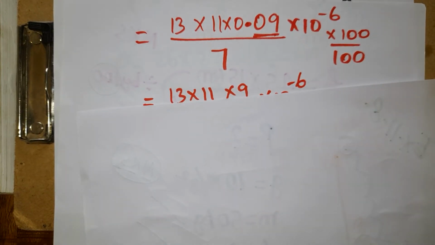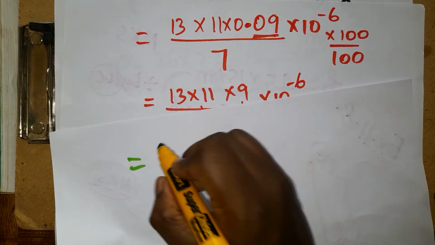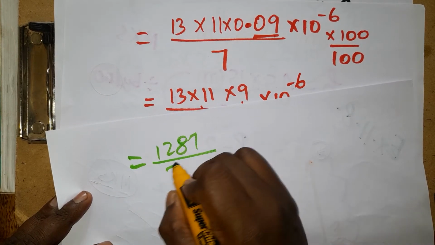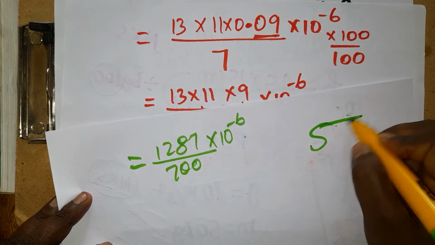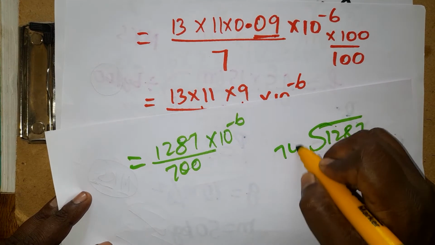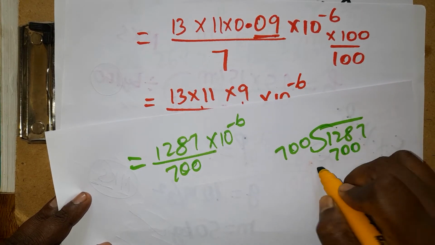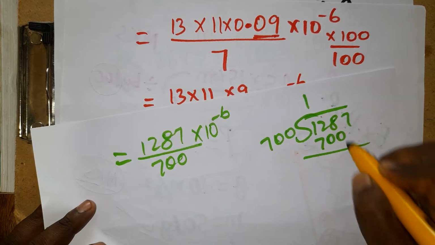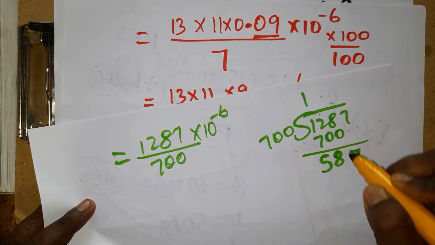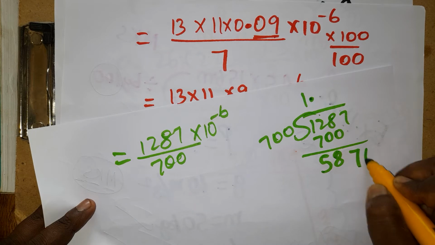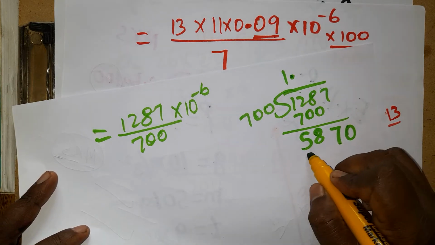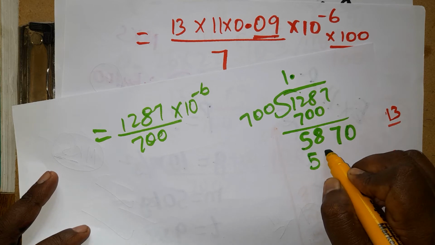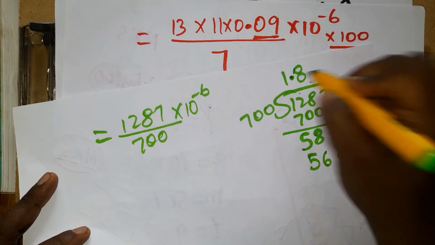Now I am going to divide both the numbers. See here, 1287 divided by 700 into 10 power minus 6. 700 goes one time. Then the remaining, next digit, 5600 is going to give us 8 times.